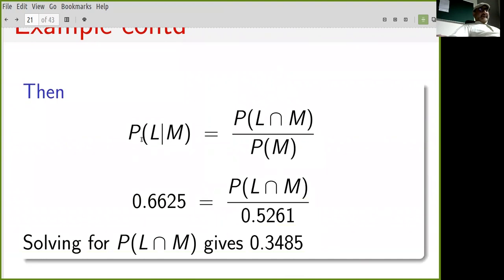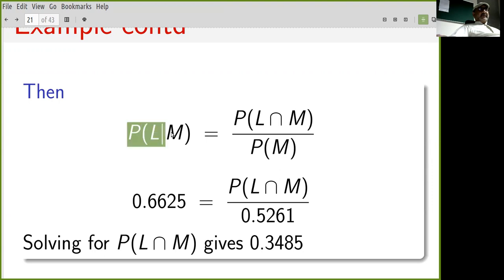The probability that an adult Pakistani is literate, given that they are male, that conditional probability is by definition the probability of L intersection M divided by the probability of M. And the probability of L intersection M is what we are trying to find.